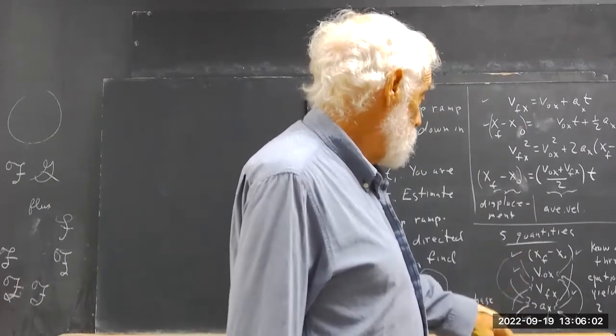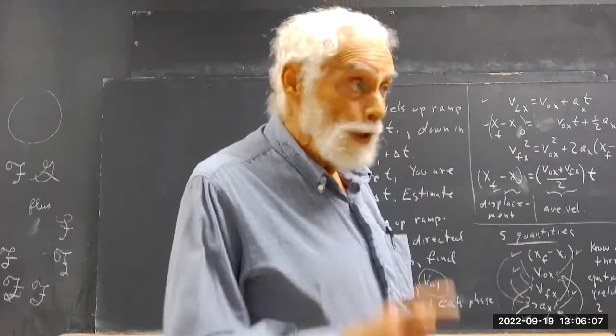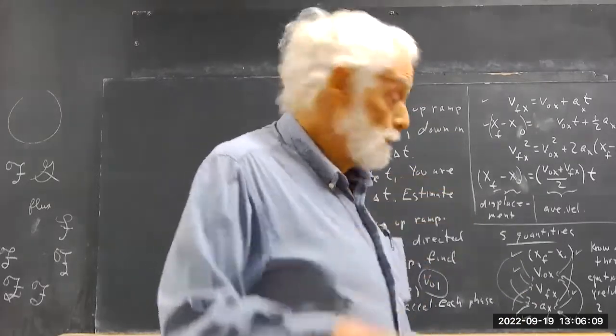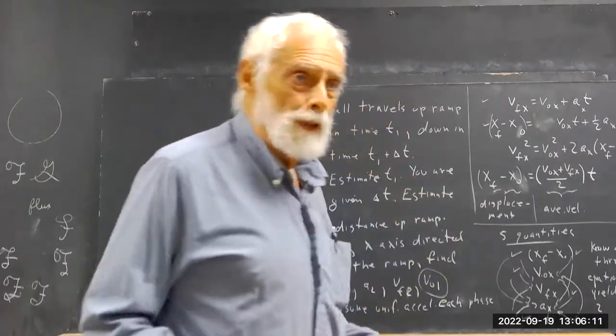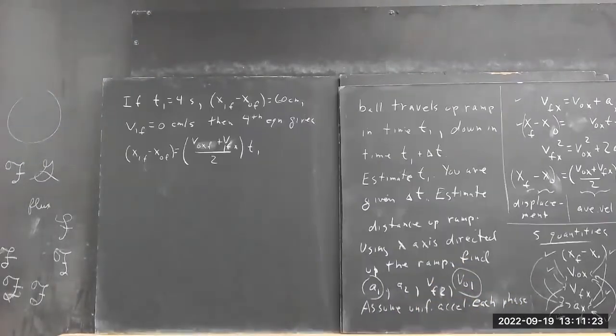You know the displacement. You know the final velocity. You know the time. You know that for the first phase, for A1 or for phase 1. You should be able to solve those equations. I'm going to work this out and give you some comments.